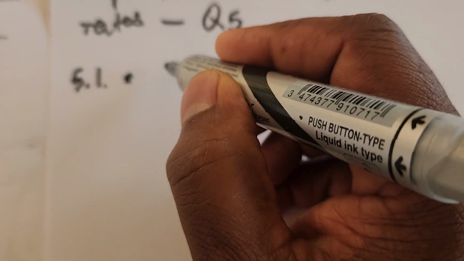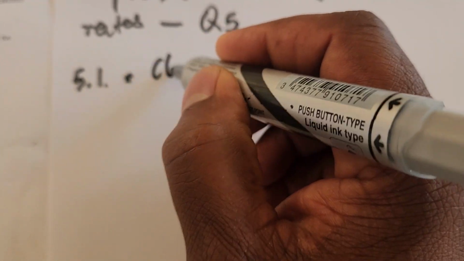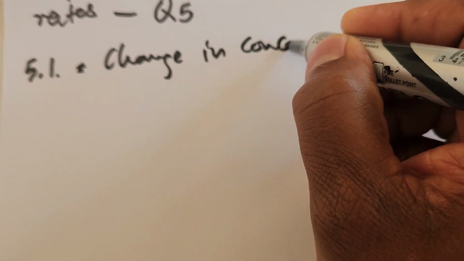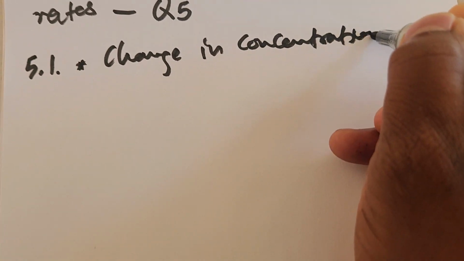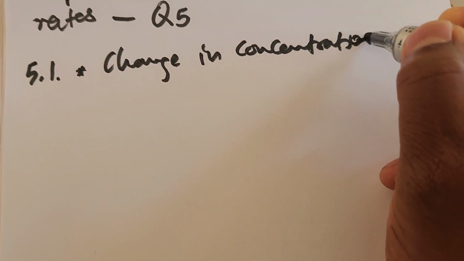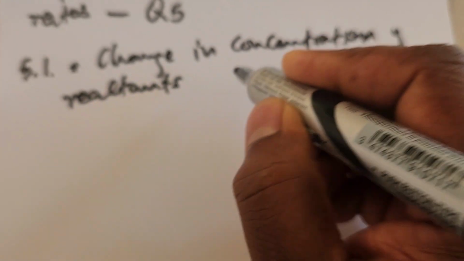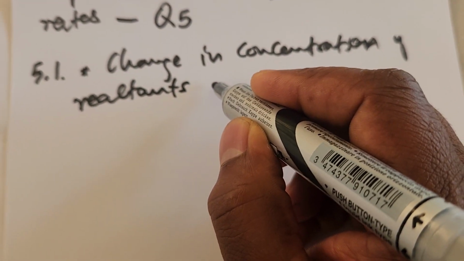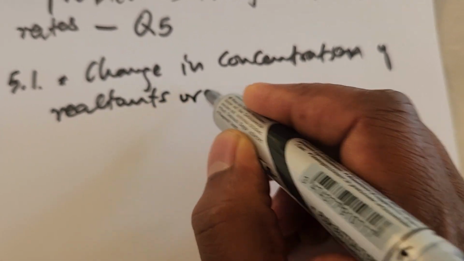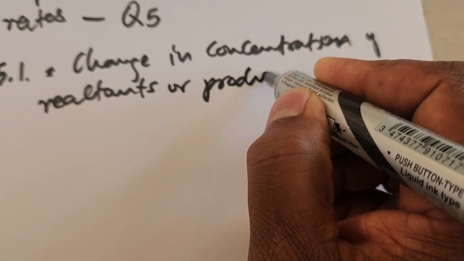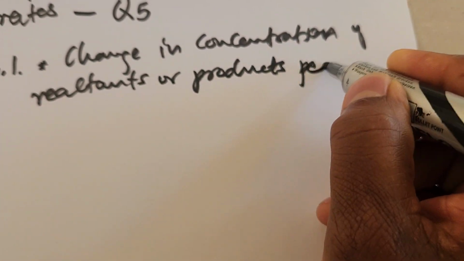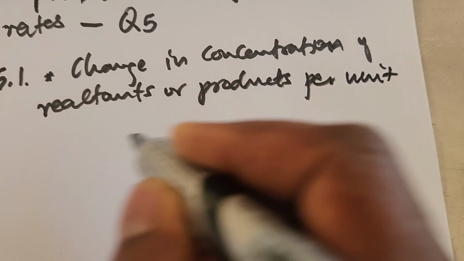The first one can be, it's a change in concentration of reactants or products per unit time.